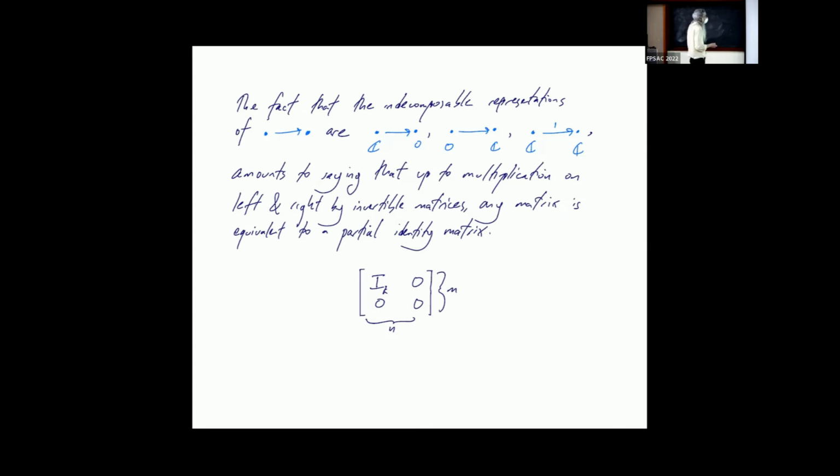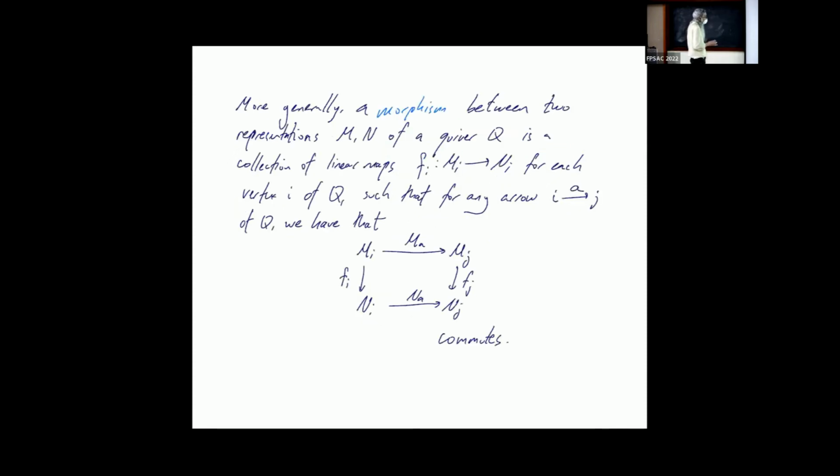Okay. So a morphism between two representations, I also need to define. It's just a collection of linear maps. This is really a slide where, if you haven't seen this before, don't worry about it. You're not surprised that I defined an algebraic object and I'm also going to define morphisms between them.